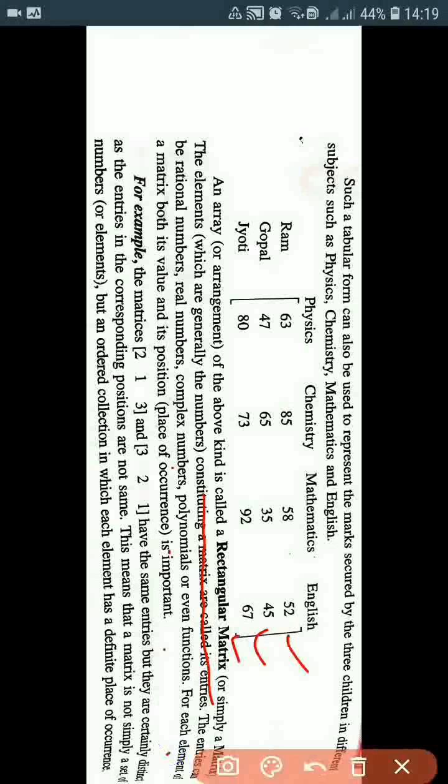For each element of a matrix, both its value and its position, its place of occurrence, are important, so two things are important: one is its value and the other is its position.